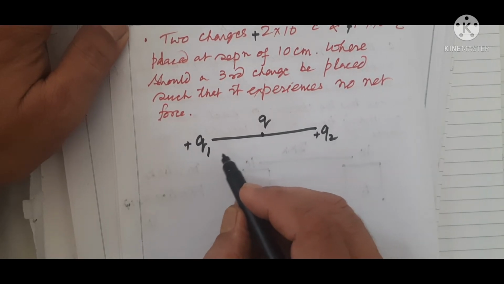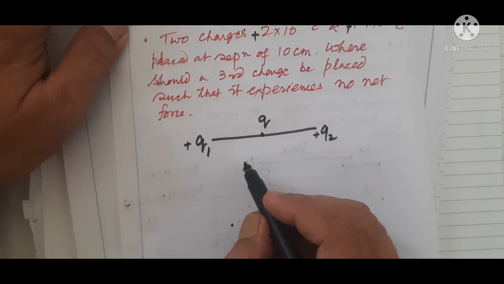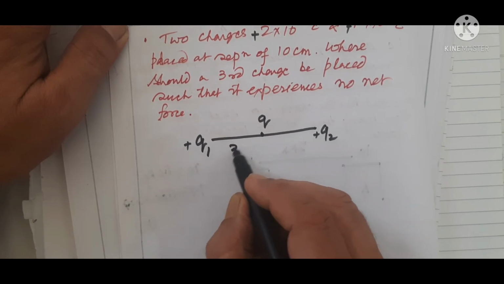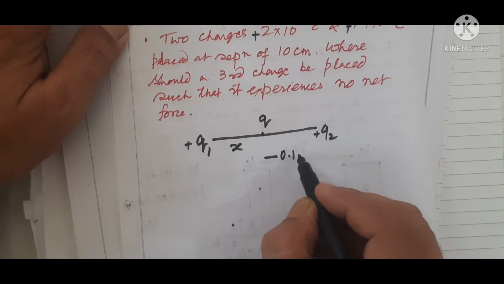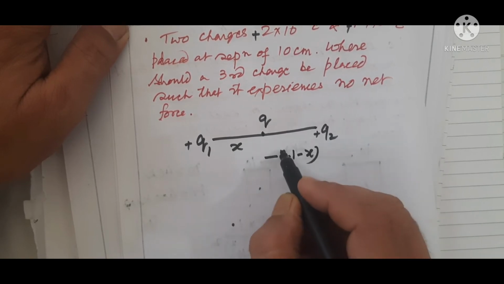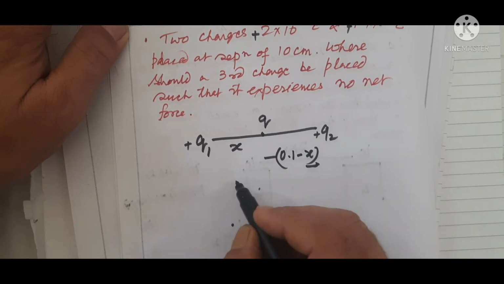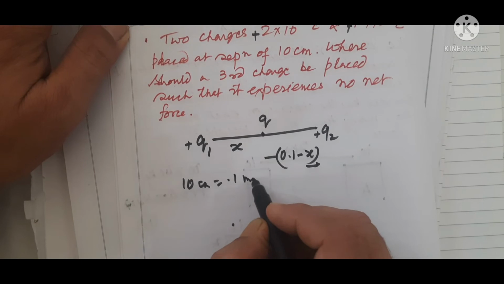Here it is given this total is your 10 centimeter, means 0.1 meter. So let this particular distance be x, so this distance becomes 0.1 minus x. 10 centimeter is equal to 0.1 meter.